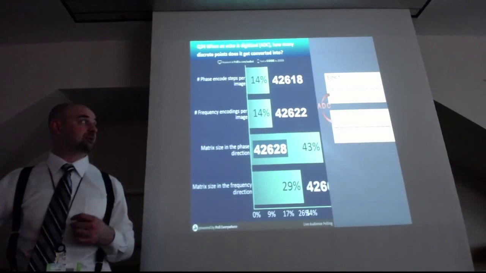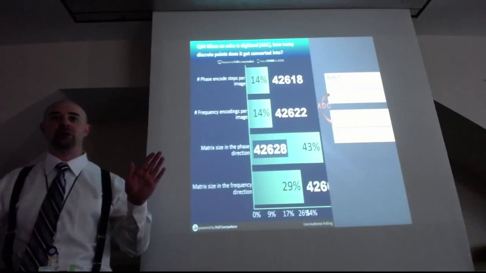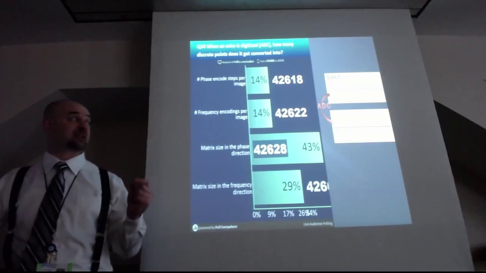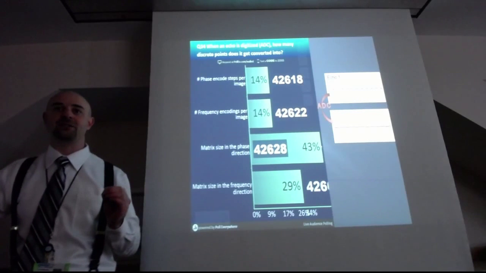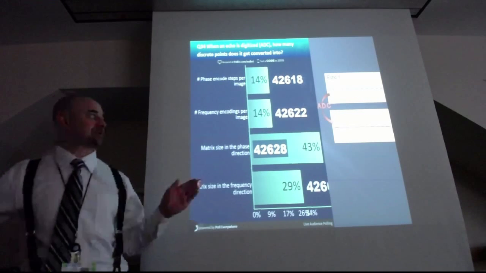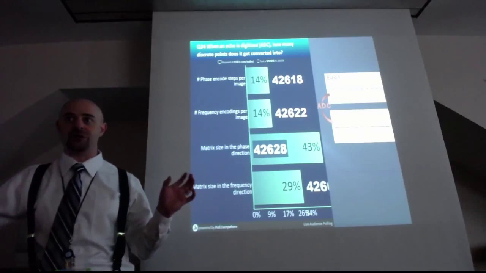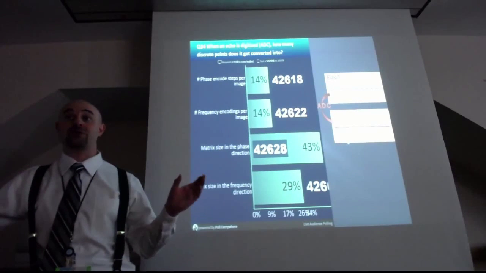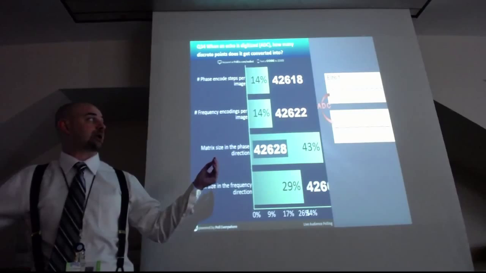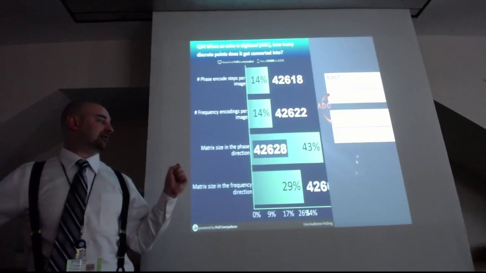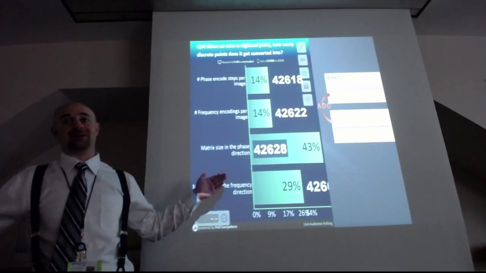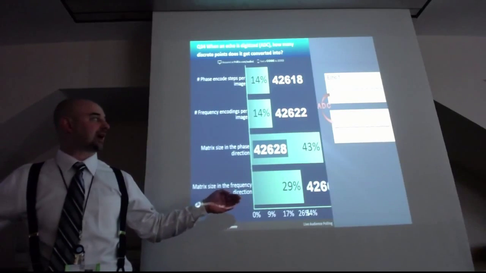Now, in order to do that, you have to pick how many bins you want to specify across the width of the echo, right? How rapidly you can sample is determined by your frequency encoding gradient strength, or your frequency. So this is a frequency encoding thing. It's actually the number of your matrix size in the frequency encode direction.